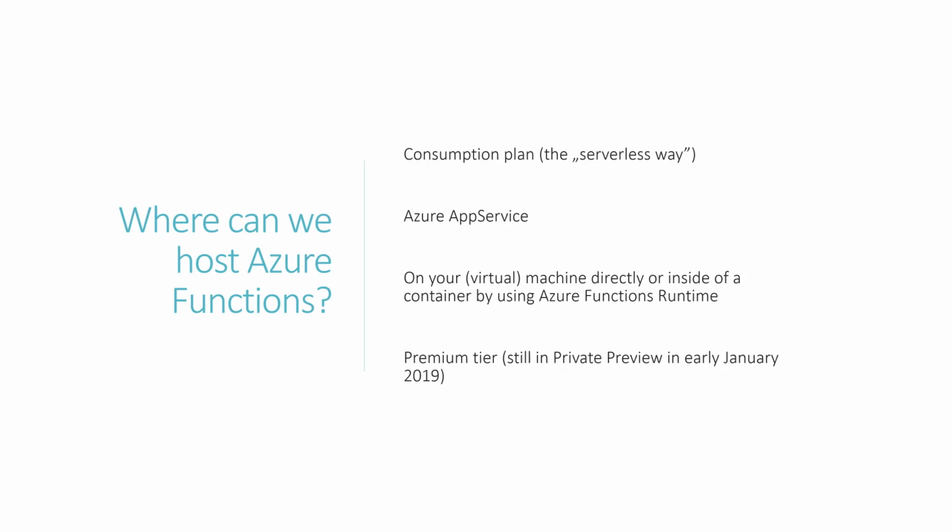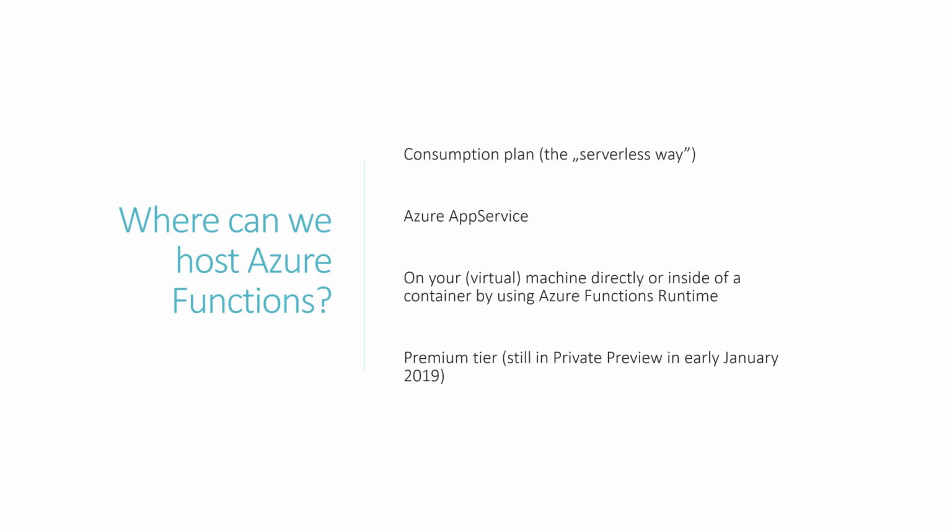And now there's a premium tier, which is still in private preview, which basically allows you to do what Azure Kubernetes Service plus virtual kubelets allow you to do. You will be able to rent a certain amount of cores and RAM to be constantly online, and then when more work comes, you will just rent more and more instances like in the consumption plan.